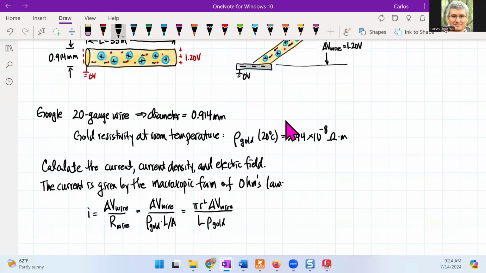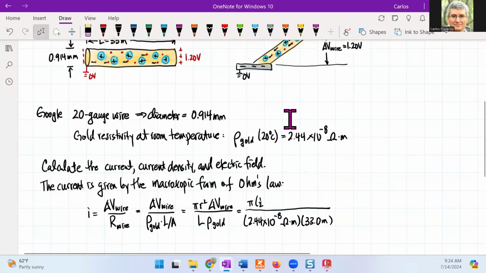So now if I plug in my values, I'm going to have the resistivity, which is 2.44 times 10 to the minus 8 ohm meters times its length divided into the area, which will be pi times one half of the diameter squared, but they gave us the diameter.